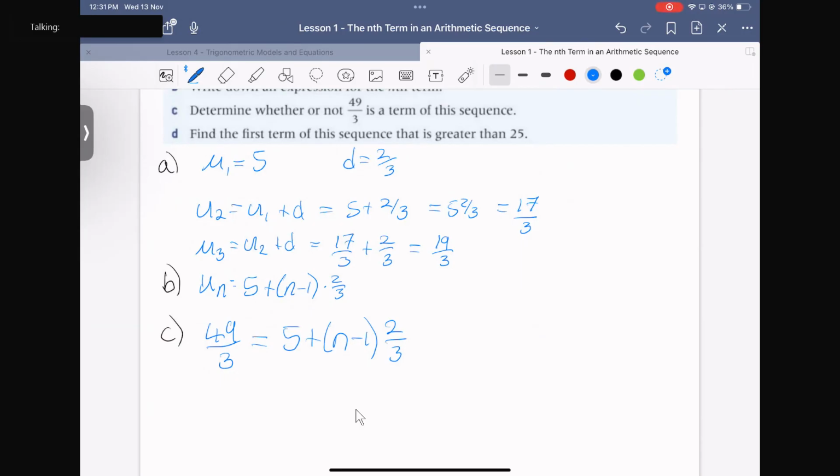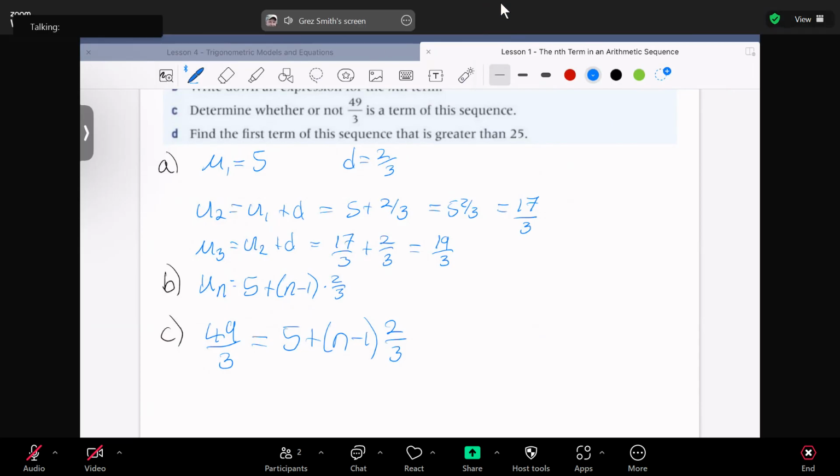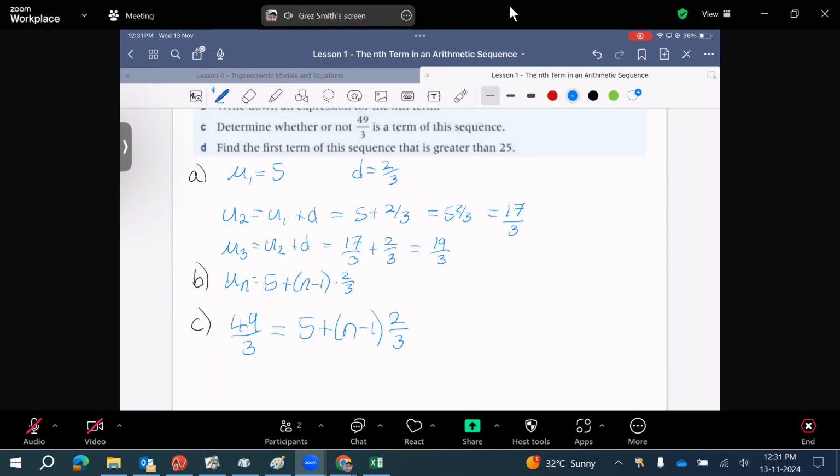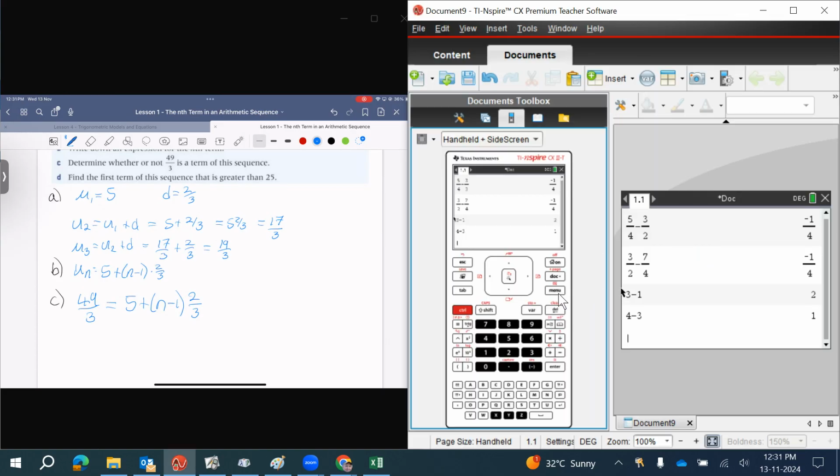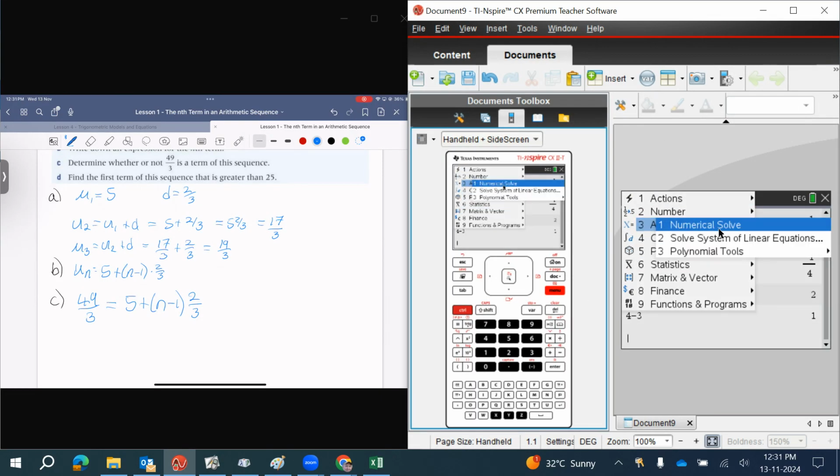So take your calculator now and have a go at solving this equation. Do we get an integer or not? So use nsolve.